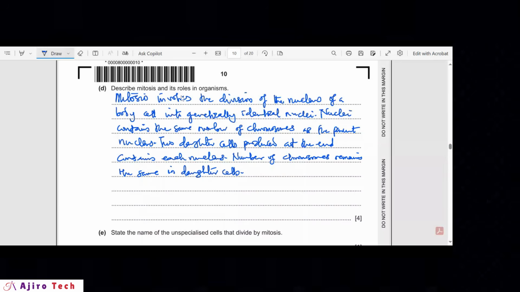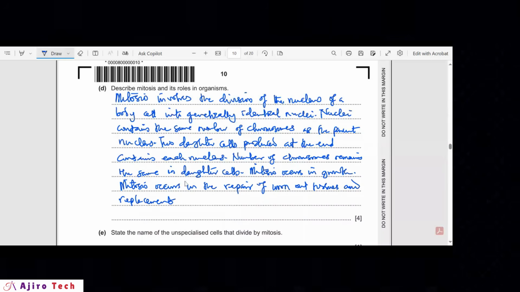What are the roles? Mitosis occurs in growth, right? Mitosis occurs in the repair of worn out tissues and the replacement of damaged cells.